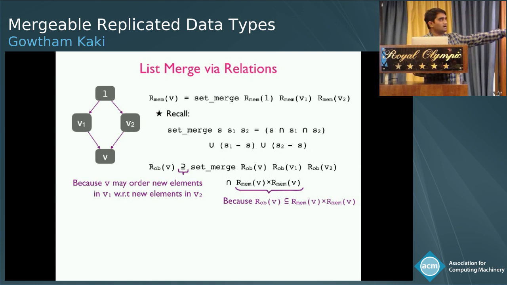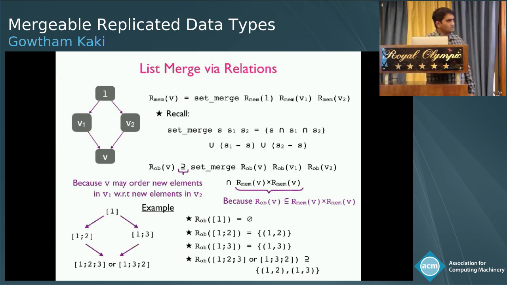If you can extend it to get the full ROB V, you have RMM from the previous slide and ROB now, so you can put them both together to compute the final list. This is an example where you have two versions of the list, and the final list can be 1, 2, 3 or 1, 3, 2, because 2 and 3 are not ordered.